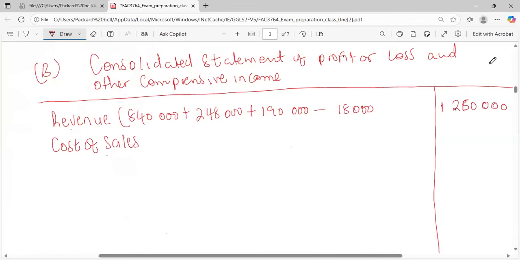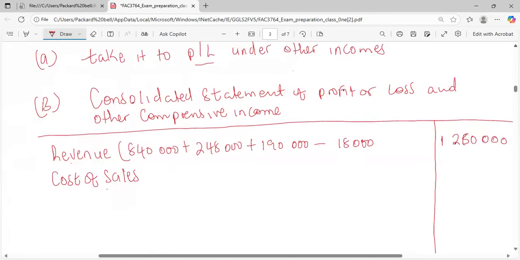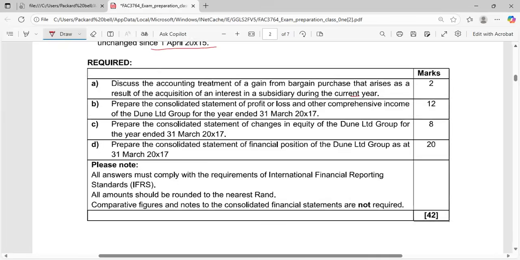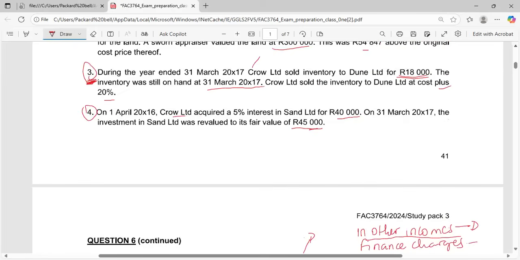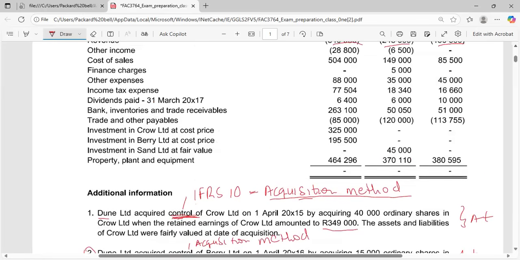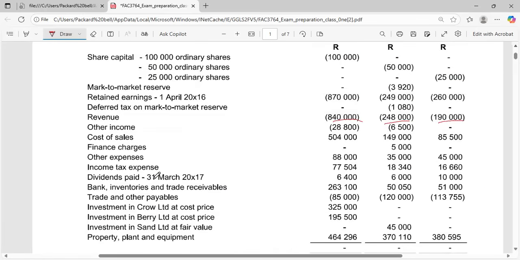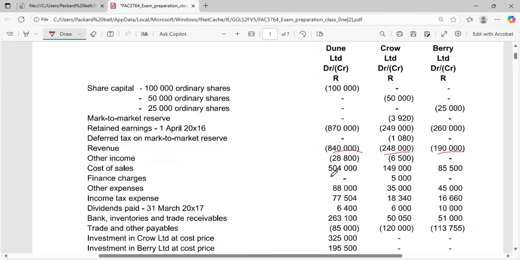So we go to our question and look for the cost of sale. Our cost of sale is 504,149,85,500. So we can go and fill in our cost of sale.